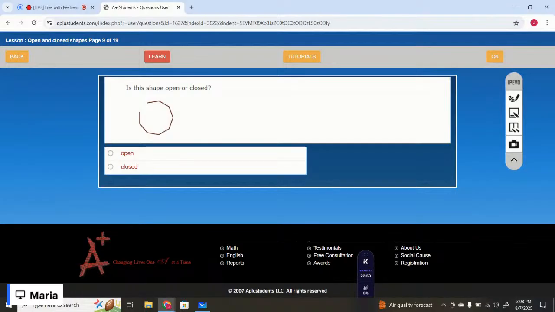Is the shape open or closed? Open it is. Option number 1 is the correct option.